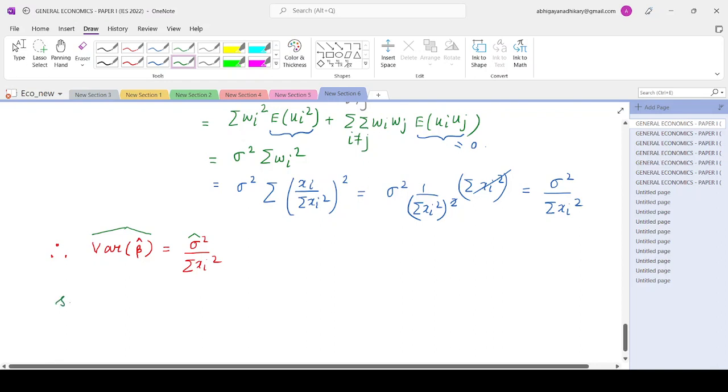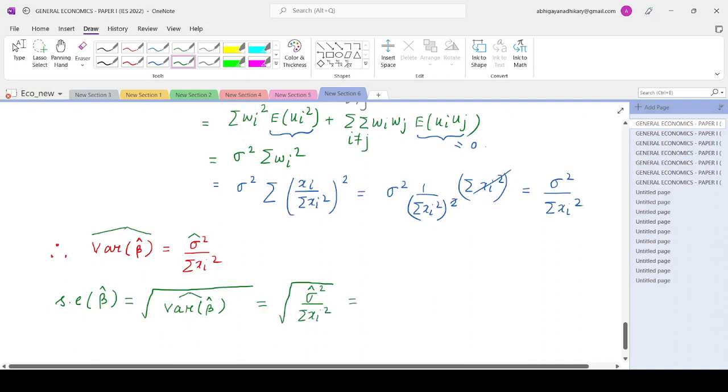So what is the standard error of beta hat? It is basically the estimated standard deviation, taking the square root of the estimated variance. So this will become the square root of sigma hat whole square by summation small xi square.